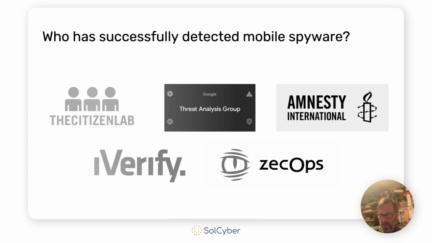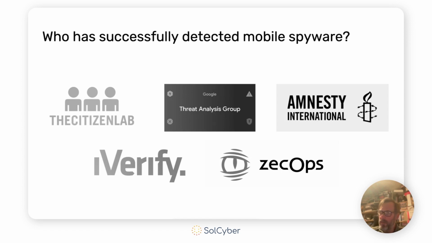Google's TAG group has done a superb job of analyzing this data and publishing on it, and still does to this day. There was another vendor called ZecOps that did a fairly similar thing to iVerify, and got bought by Jamf. But it's an Israeli company, and after they got bought by Jamf, many people left the company, and those that didn't got pulled into the Gaza war through the IDF.